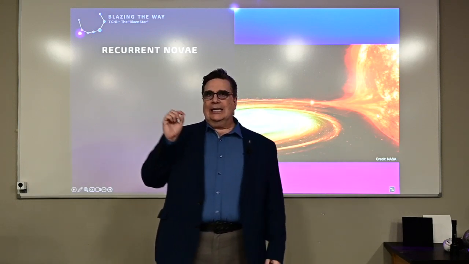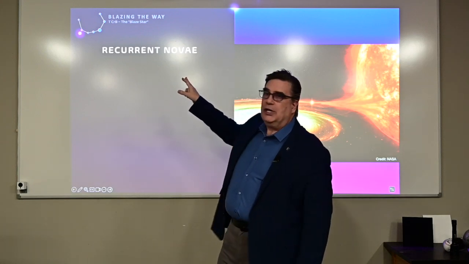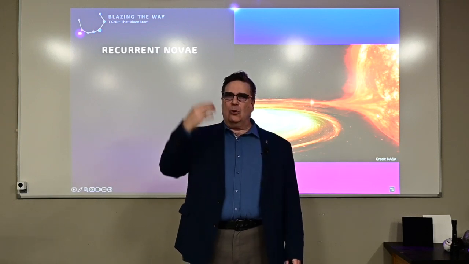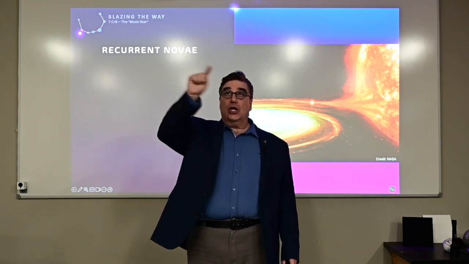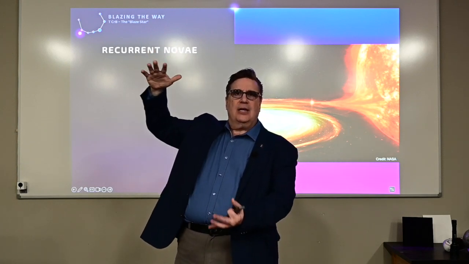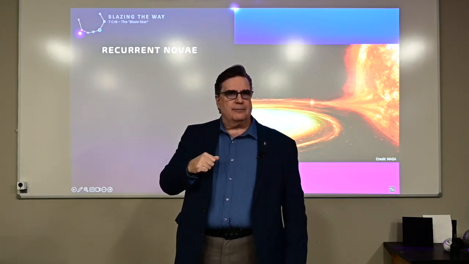In our current lexicon, we now reserve the term recurrent nova for stars that we have actually seen, that we've actually recorded going nova, particularly within less than a 100-year time span.